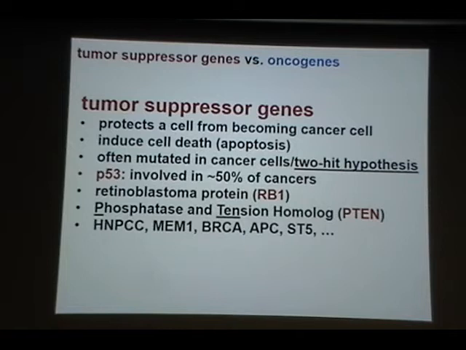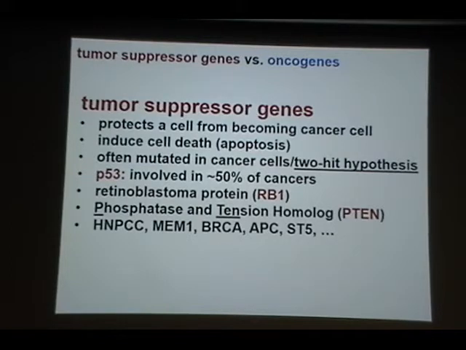They make sure cell growth is under control. The cells will no longer go into uncontrolled cell proliferation, and they can induce cell death, or apoptosis, which is the more professional term. They are often mutated in cancer cells.